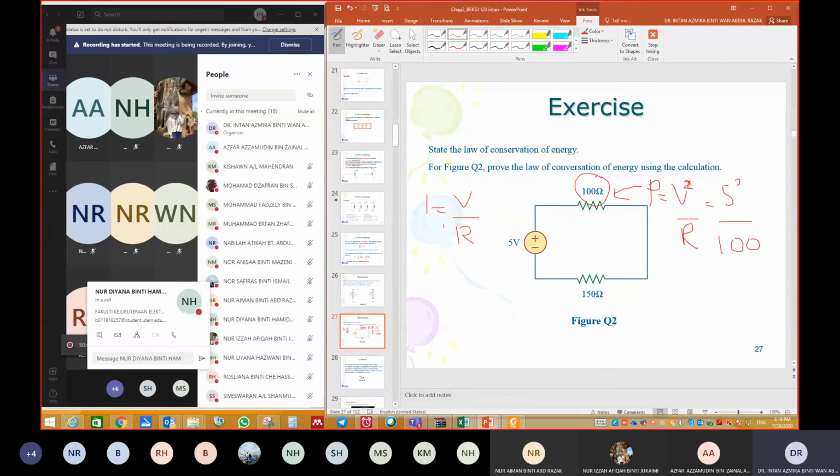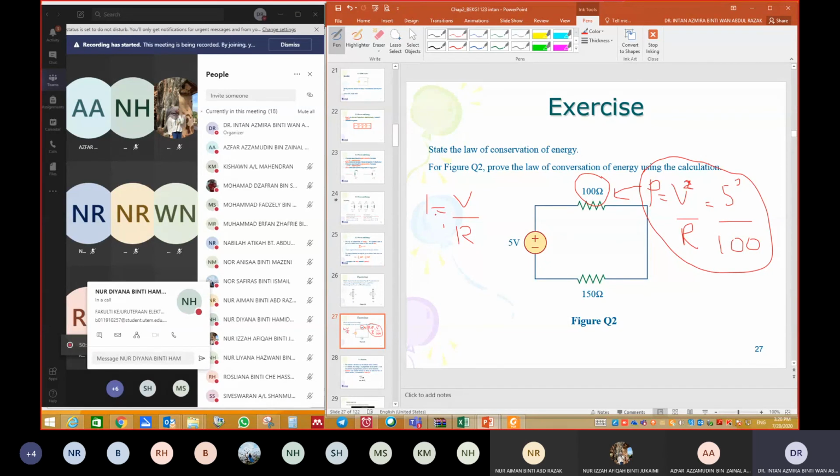Remember, we can find the voltage drop across 100 ohm by using the voltage divider principle. So this method is wrong. We cannot use 5 because 5 is the total voltage for this circuit, the summation of the voltages of 100 and 150.